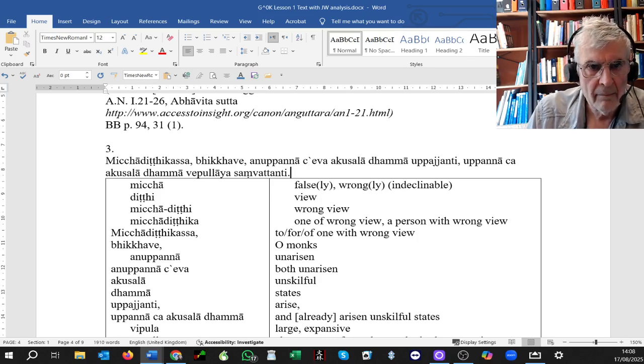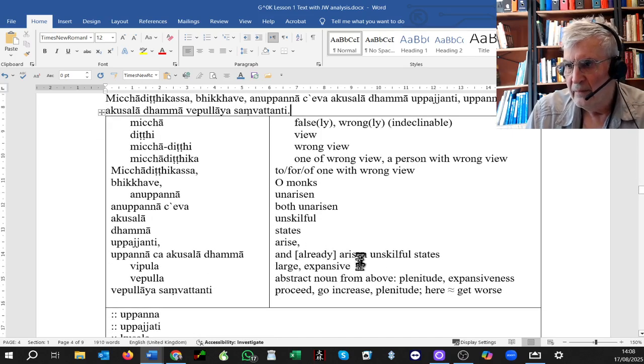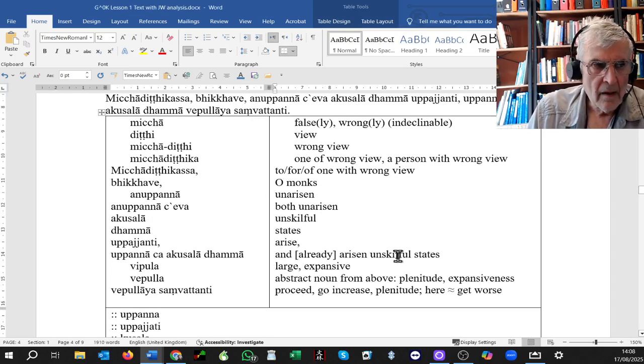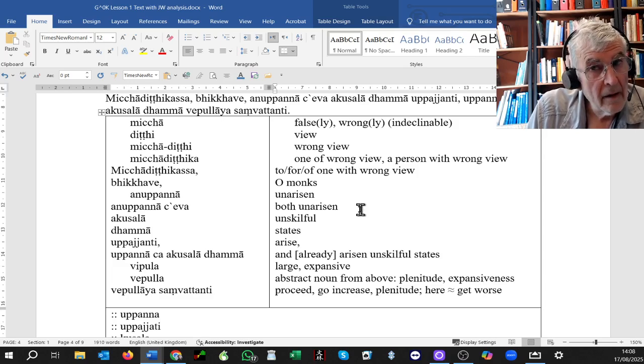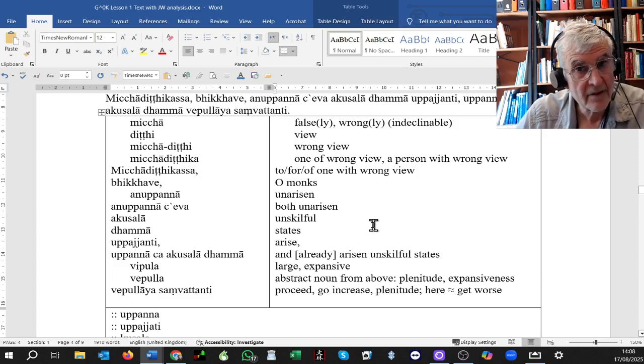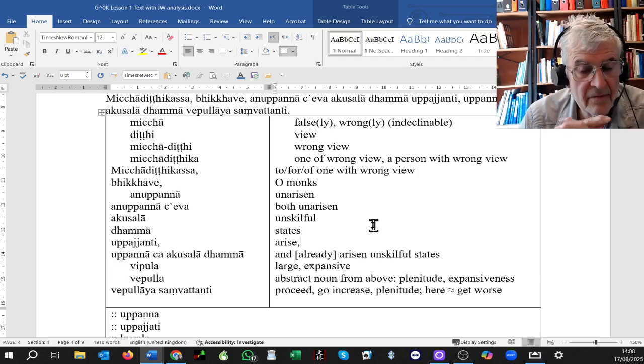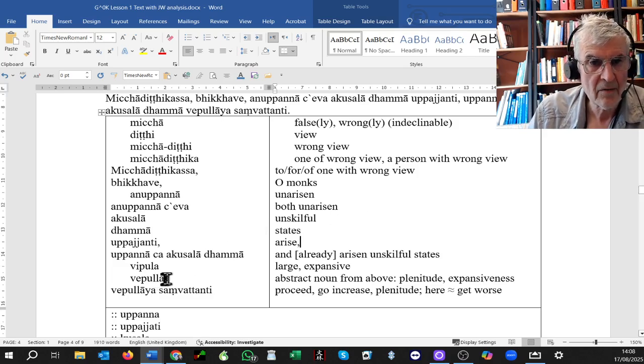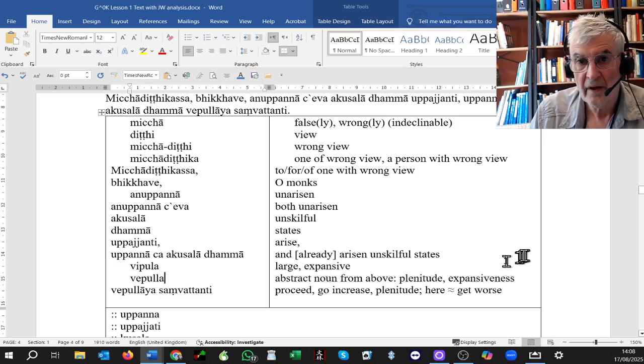So vipula means large or expansive. It means something like filled out. Pula, English full. It's cognate also with the Latin plenus. Pula, vipula, filled out, expanded. That's the adjective, and it makes an abstract noun, vepulla, meaning plenitude or expansiveness.